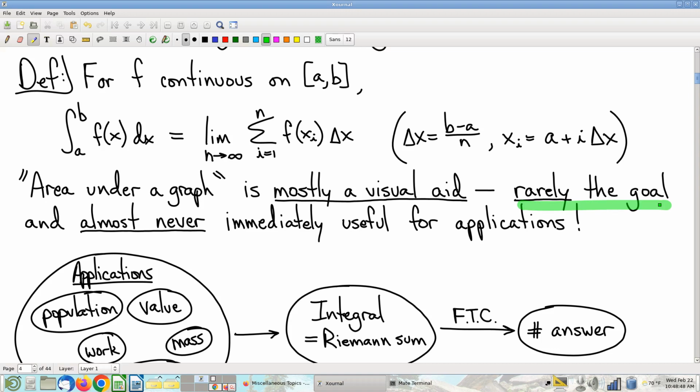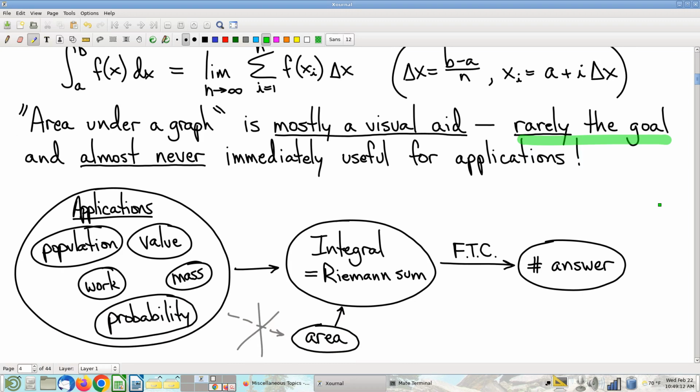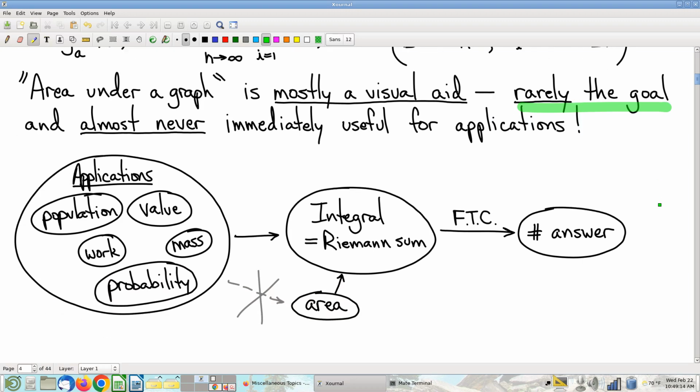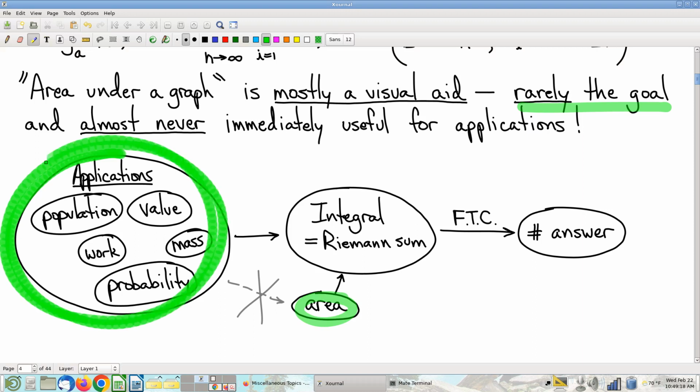Sometimes it comes up, I suppose, if I have a room in my house and I want to paint one of the walls and the top of the ceiling has a variable height, and I need to know how much area literally is on that wall so I can buy the right amount of paint. Yeah, I guess that's area under a curve. Notice what a weird circumstance that is. Most of the time, when you are computing stuff with integrals, it's not area. Most of the time it's other things.